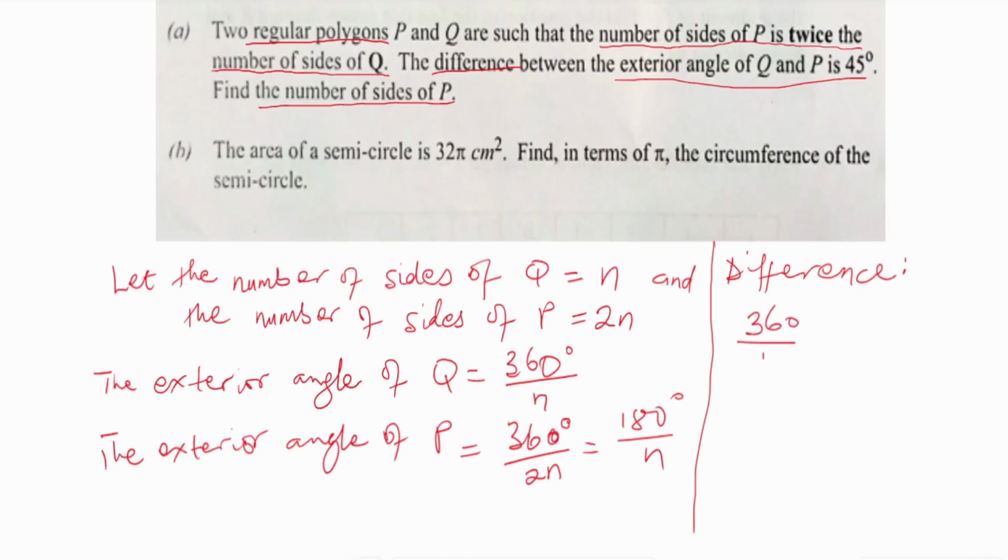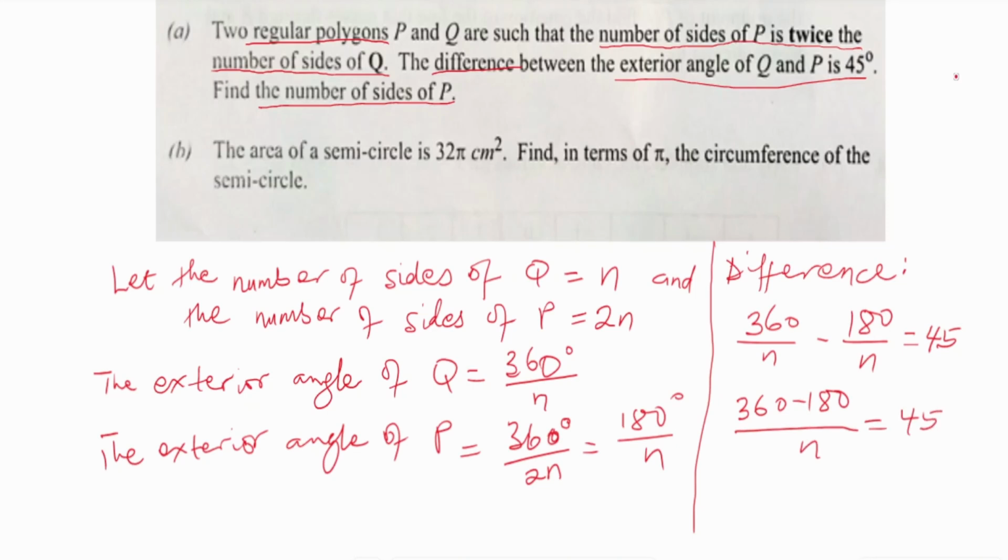360 over n minus 180 over n. And the question said that that equals 45. That is what we are doing. And then simplifying further, they have the same denominator. So 360 minus 180 all over n is going to be 45.